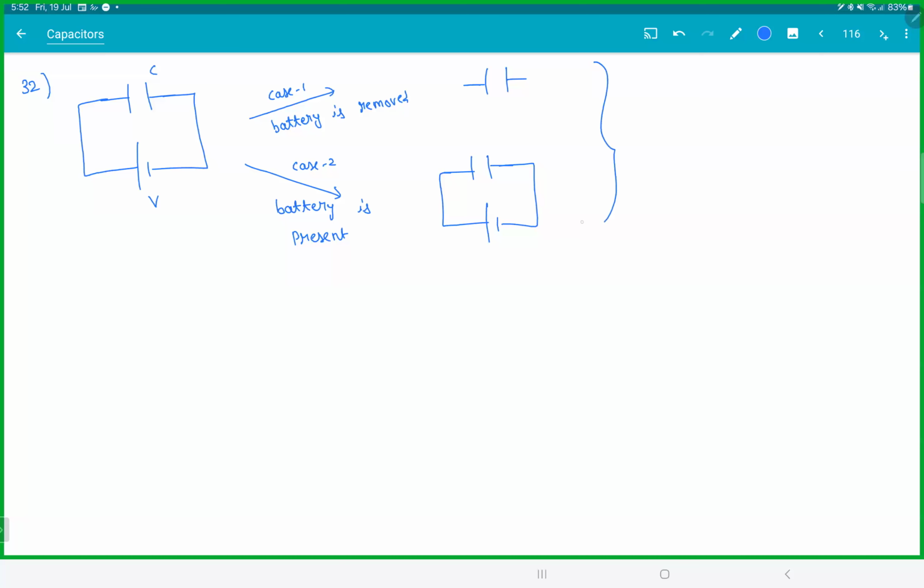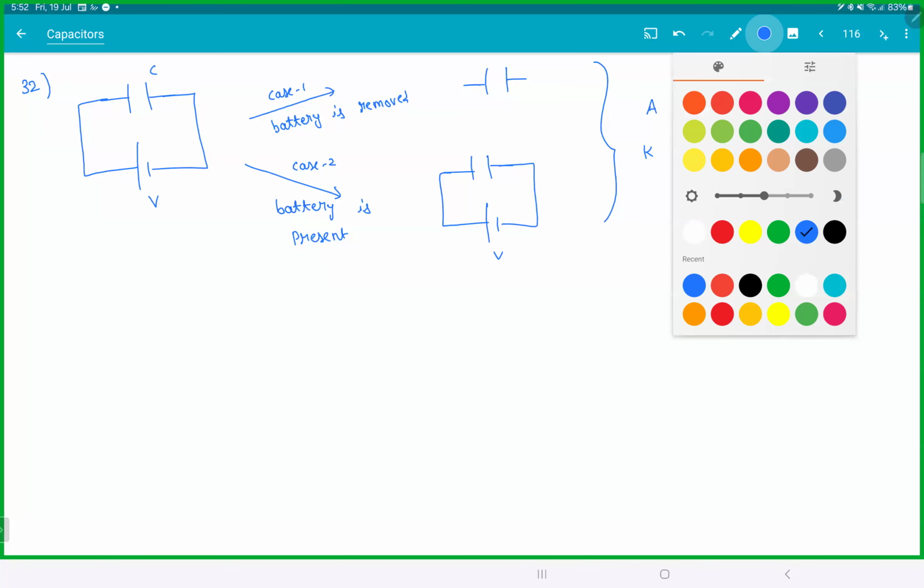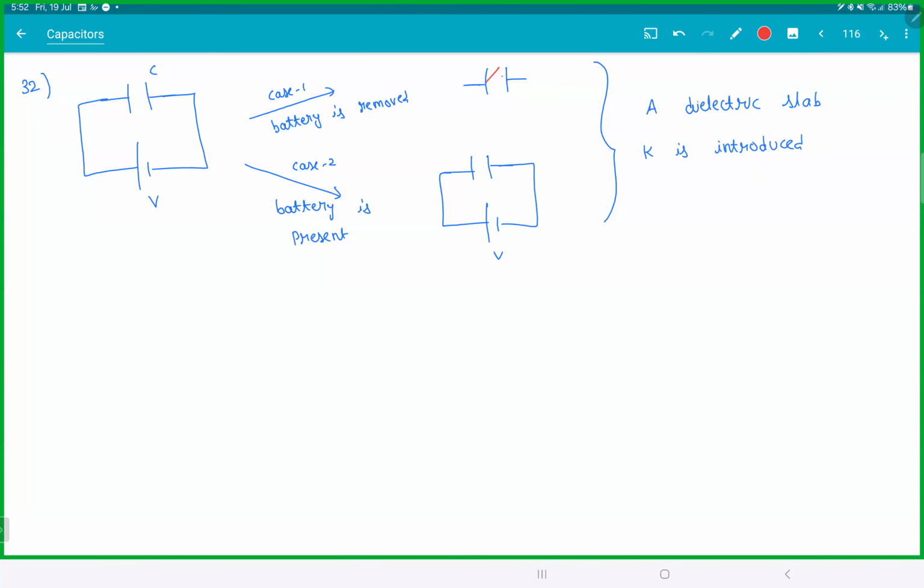Now in both cases, a dielectric slab K is introduced in between. Basically, you filled up the space between with a dielectric.